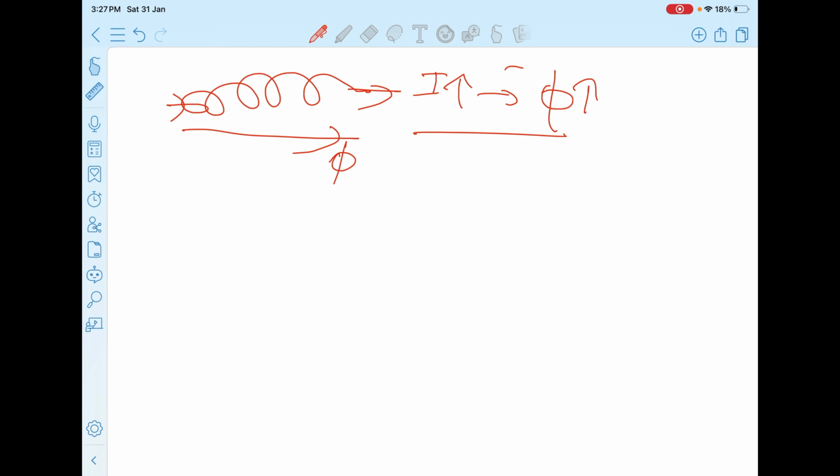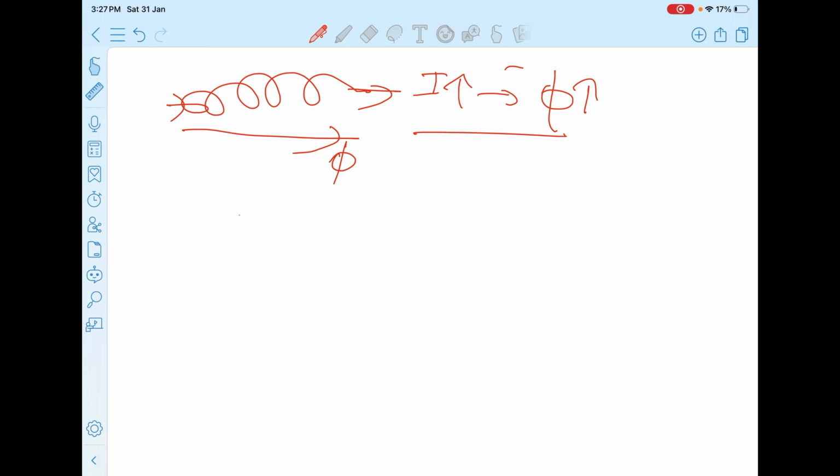That is one thing. From Faraday's law, from the definition itself, we will understand one more thing. If any current carrying conductor produces a magnetic field, that magnetic field will be in such a direction that it will try to oppose the direction of the cause.